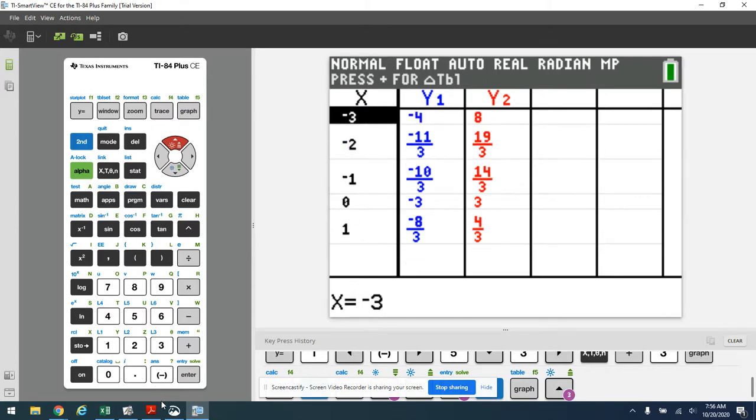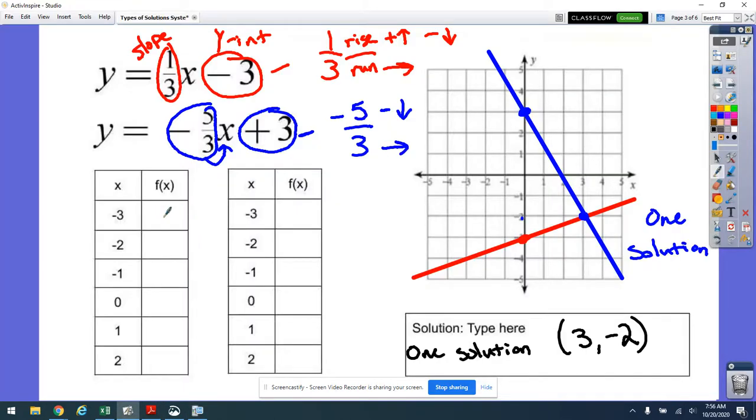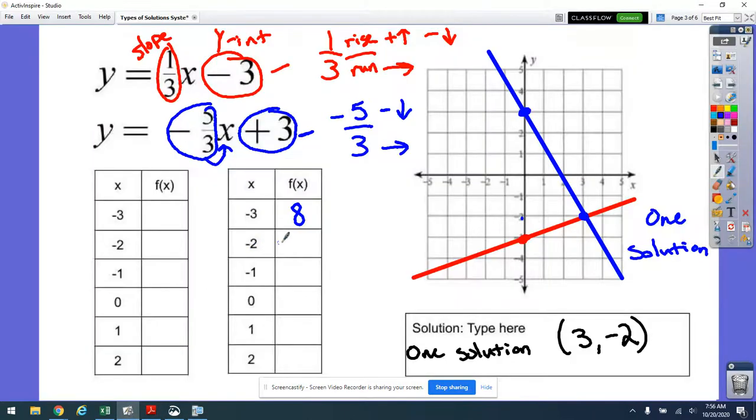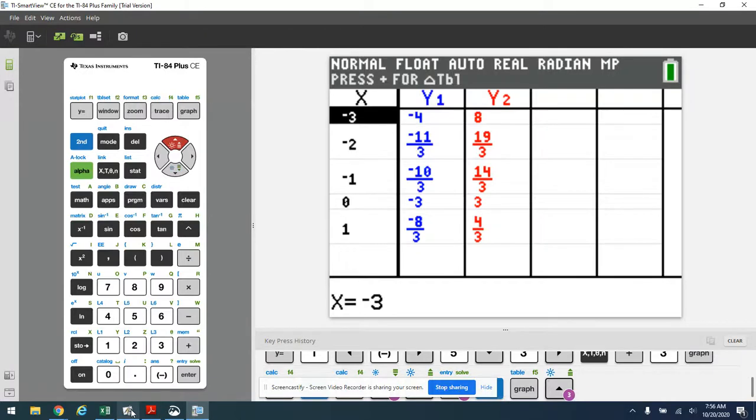So first part, -4 and 8. So I'm going to go back to my graph here. So this was 8. Let me go ahead and fill in my parts here. So 8, 19 over 3, 14 over 3.